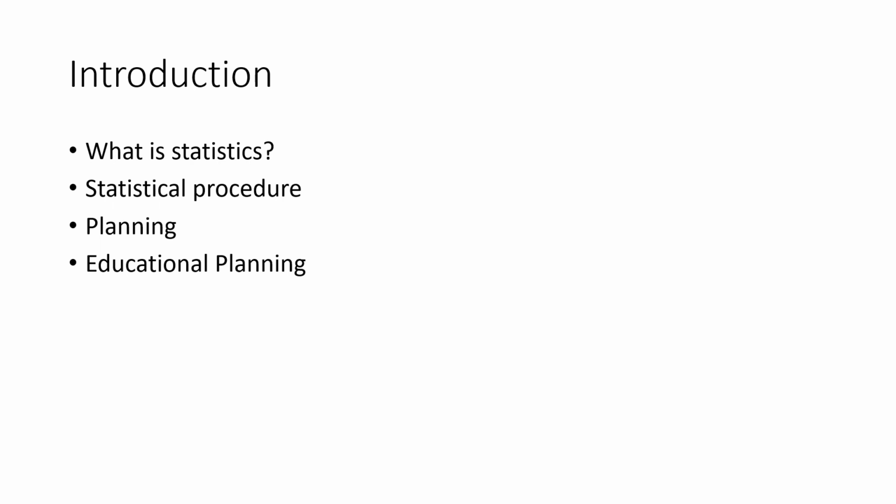Let's say, for example, you want to set up schools. We need to know the type of school that will be required, the type of education that will be required, the geographical location, and the demography of the persons that are there. This will help us to know what you need to plan for. In this case, planning helps a great deal.